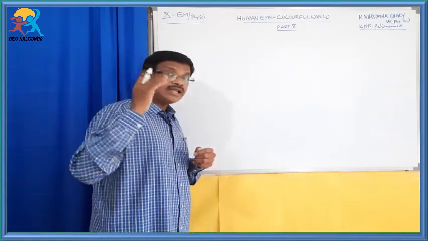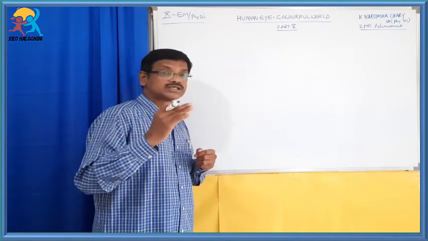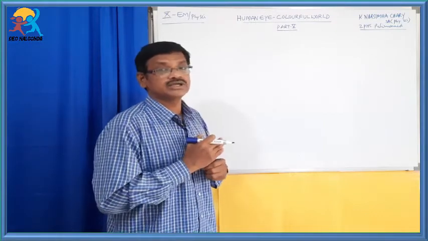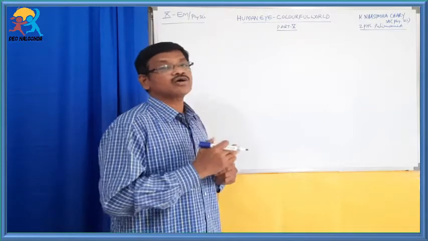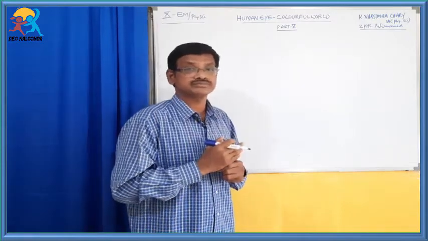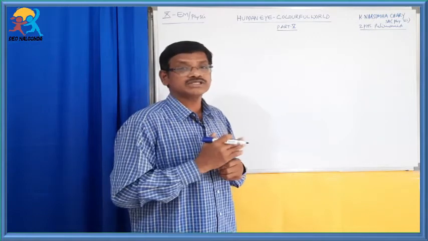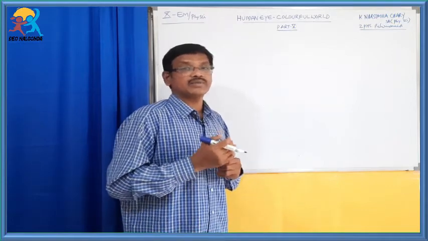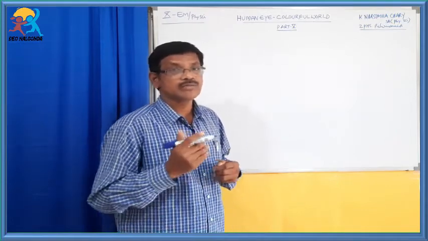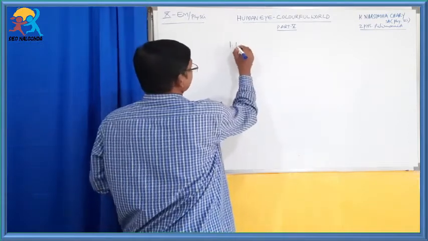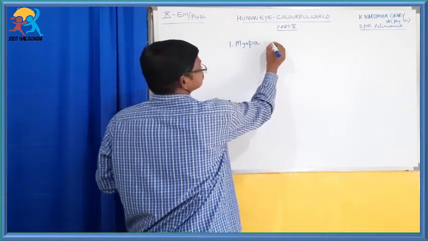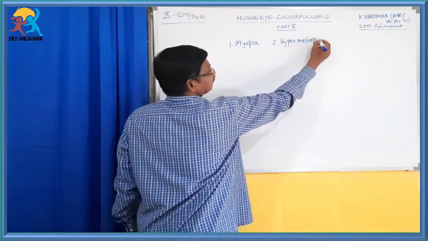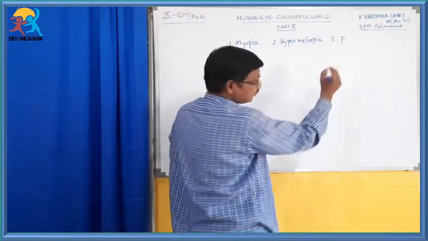If the eye lens cannot accommodate itself or cannot change its focal length due to loss of ability of taking strain, there will be problems arise, and there are 3 defects of vision described in the last 3 videos. They are: one is myopia, second is hypermetropia, third is presbyopia.